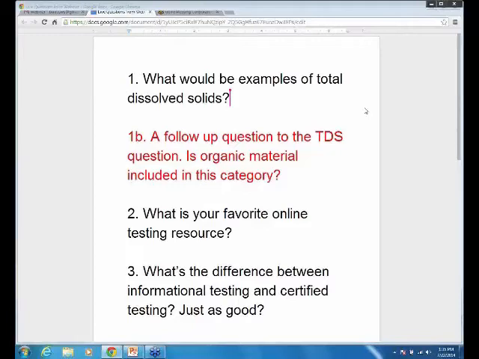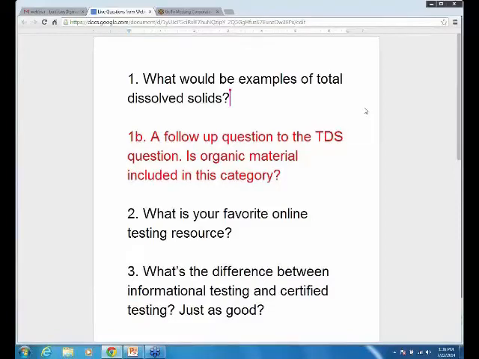Informational testing doesn't have that legally binding requirement. And I believe in Pennsylvania, for certified testing, the lab itself has to come out and collect the sample so that they're sure that it was collected to rigorous protocols and chain of custody and all of those sorts of things.